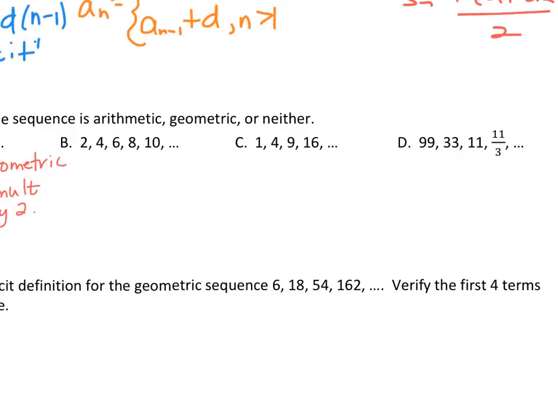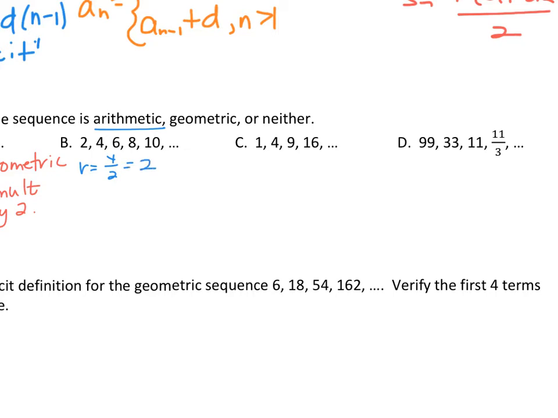Let's try the next one. 2, 4, 6, 8, 10. Well, it looks pretty easy to tell that we're adding 2 each time, which would make us think initially arithmetic. But let's check to make sure it's not geometric as well. To figure out if it's geometric, we do the second term divided by the first term. And notice we get 2 again.